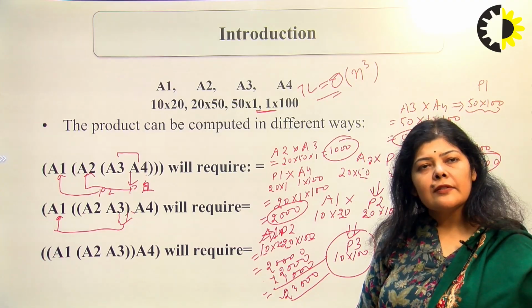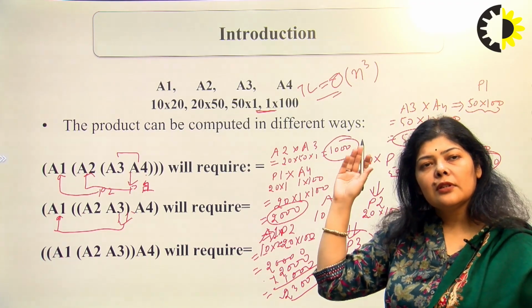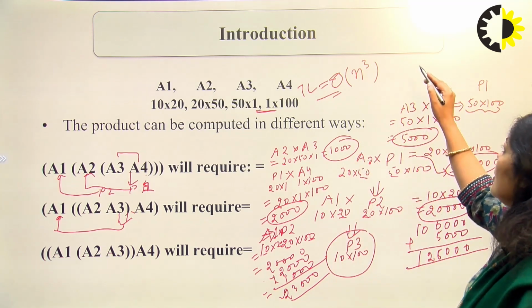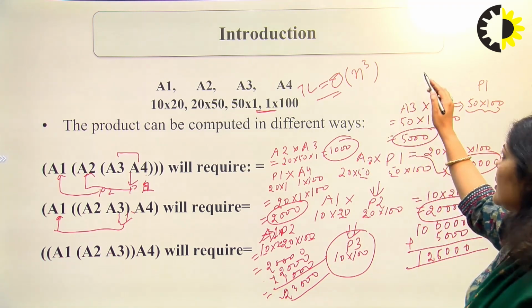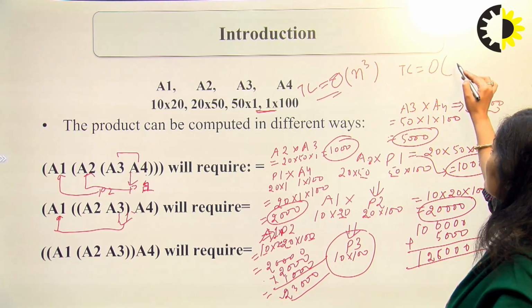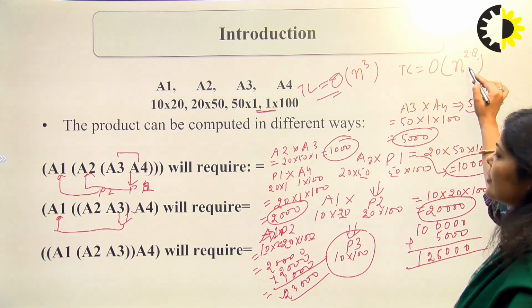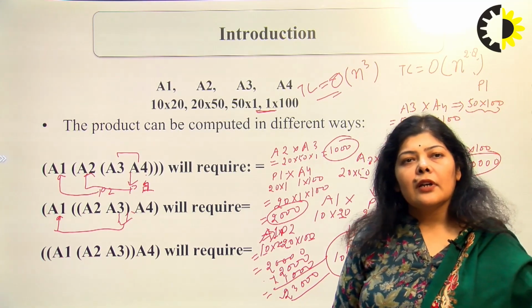If we use Strassen's method to improve over this time complexity, even then for multiplying two square matrices together, the time complexity comes to order of n raised to the power 2.8 something, right? Which is again very high.